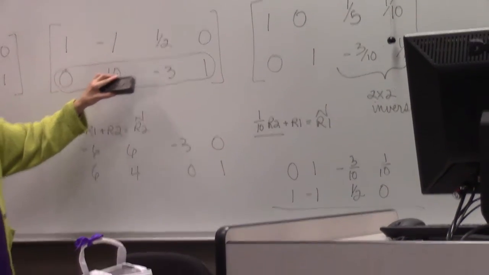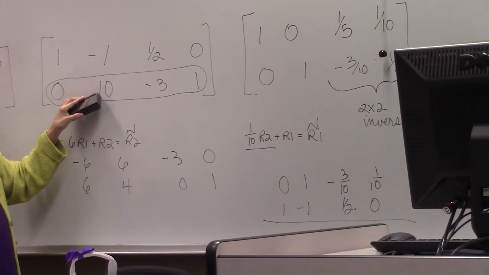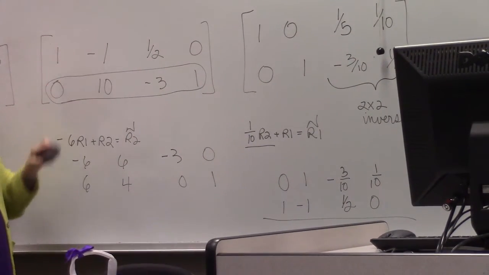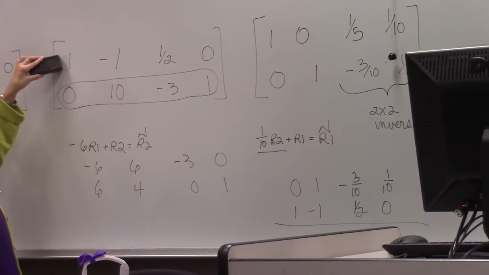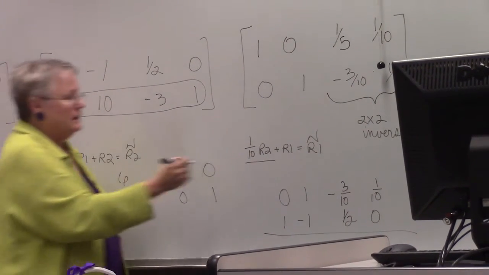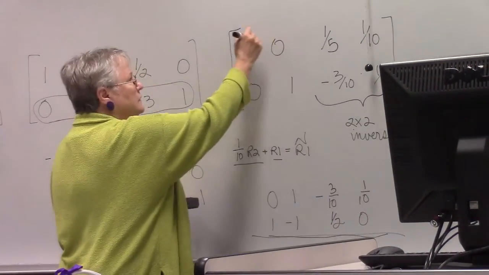I wanted to get a positive 1 here so I could kill that negative 1. Okay, but what is this 1, -1, 1/2, 0 under? That's adding row 1 to it, plus row 1 is a new row 1.